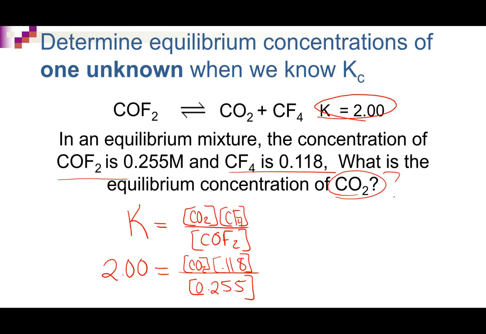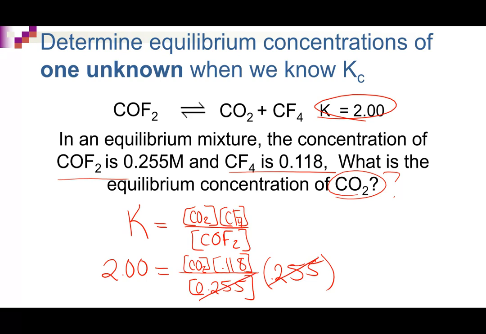From here, it's just algebra. You can attack this a few different ways. I'm just going to attack it this way. It's not necessarily the right way or the only way, but it's the way that makes sense in my brain. The first thing I'm going to do is get rid of this fraction, so I'm going to multiply by 0.255. That's on top, that's on bottom, it cancels.